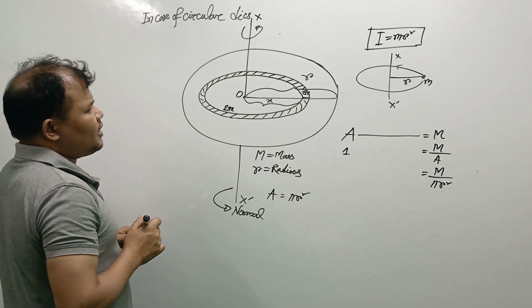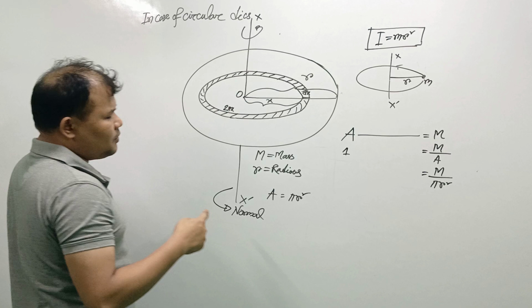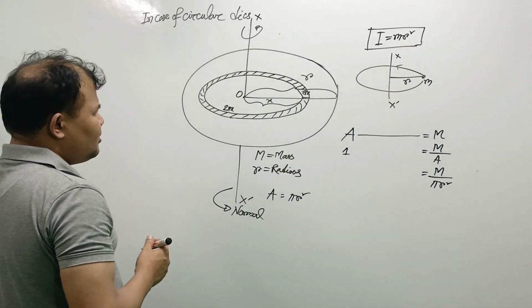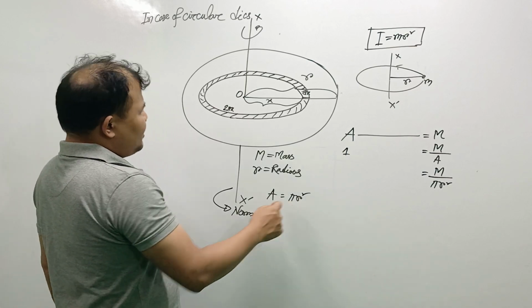At first we have to find out the cross sectional area. How can we find this? We can find it by applying the law of area, pi r square.